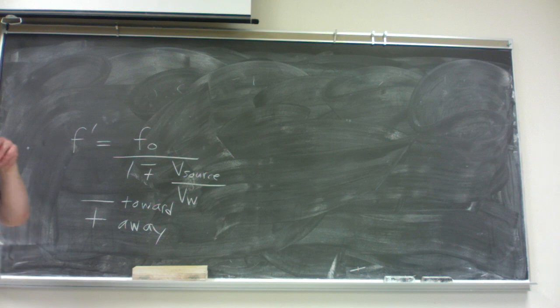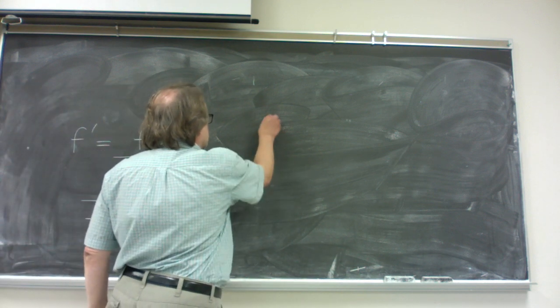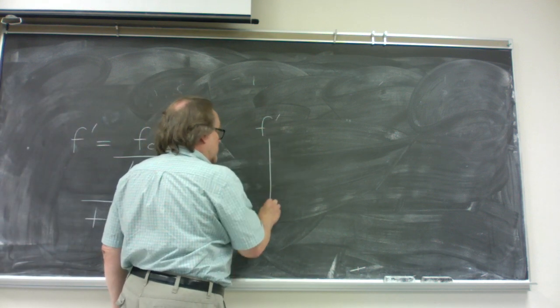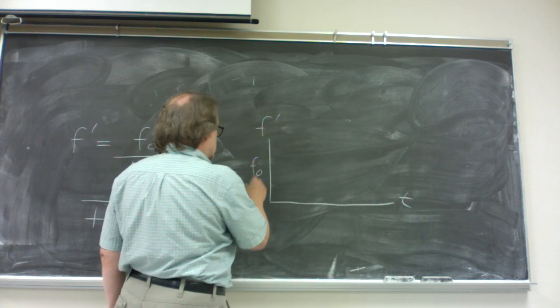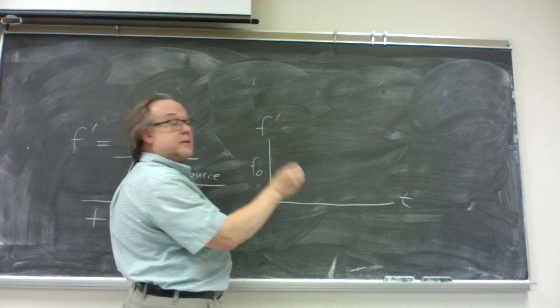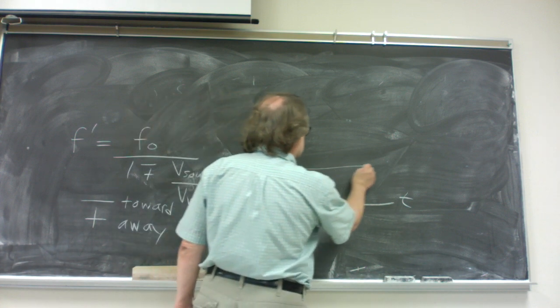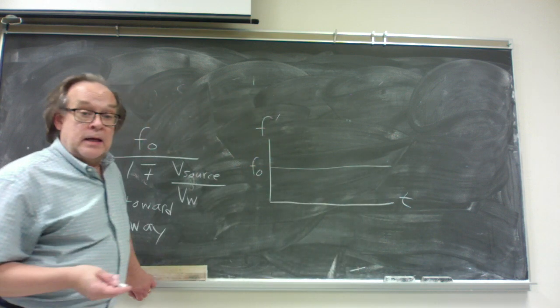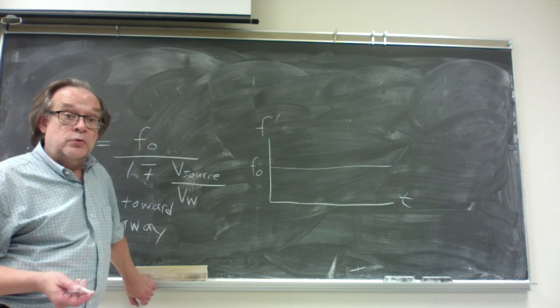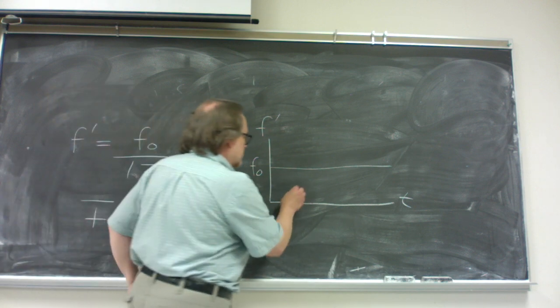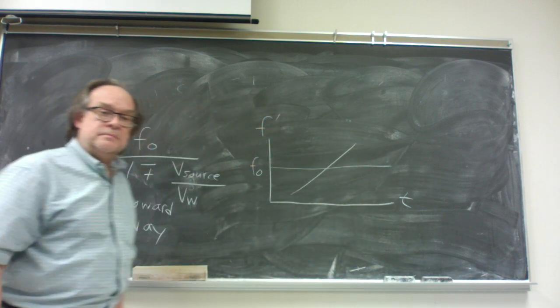So let's imagine that this is going on. There's the frequency you hear, again as a function of time. Here's f0, the actual frequency at the source, and let's say what you hear is a frequency that's always changing, like that.